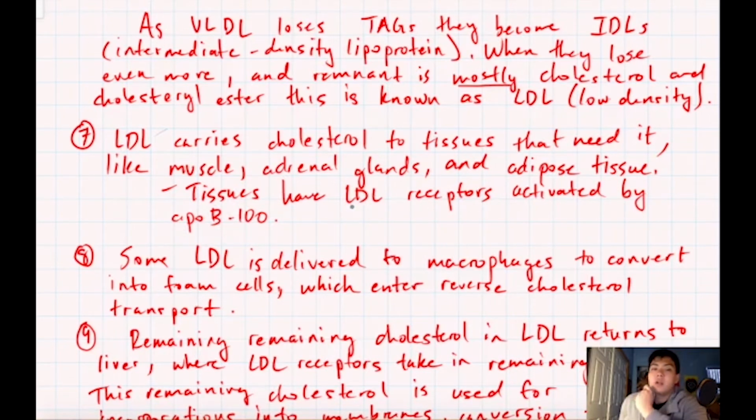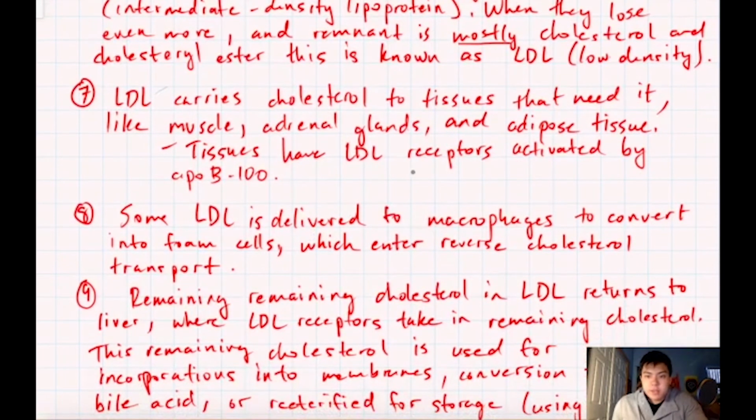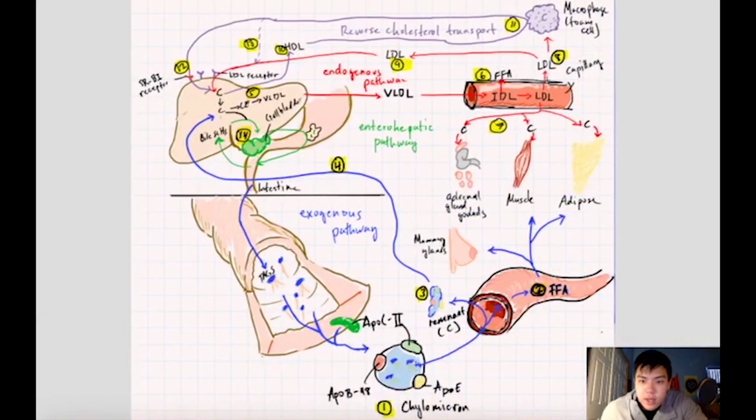So remember, our free fatty acid TAGs were activated by ApoC2. This one's going to be activated by ApoB100. So step 7, let's look at that. Yeah, right here, right? So it's going to go to your adrenal glands or muscle or adipose, and the way it gets activated and released into these cells is your ApoB100.